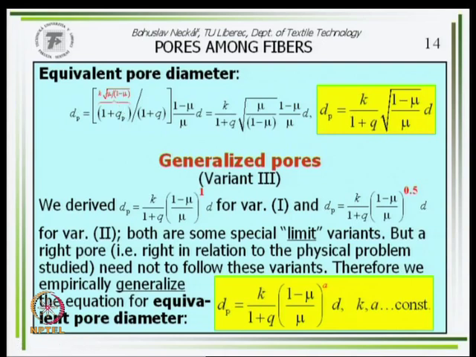After rearranging, this is the square root of mu by 1 minus mu, and here we have 1 minus mu by mu. Altogether, rearranging, we obtain this here. This is the equation which is valid for our second version, that is, if the lengths of pores are independent of packing density.